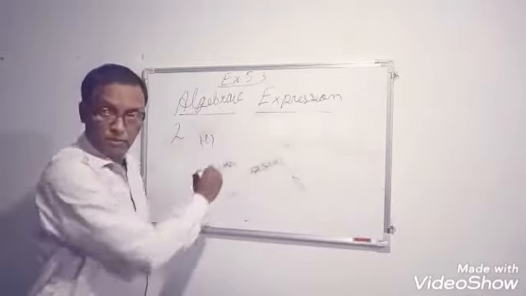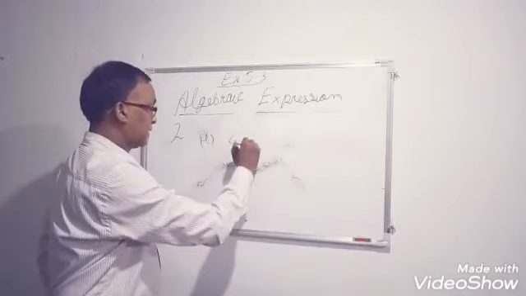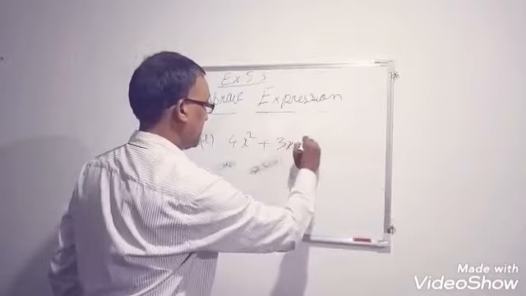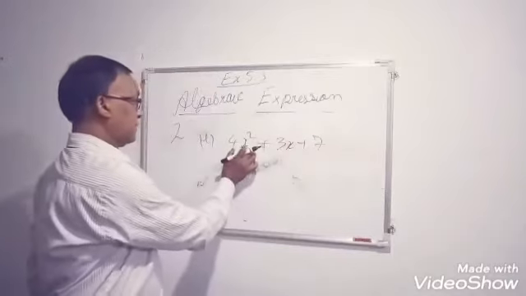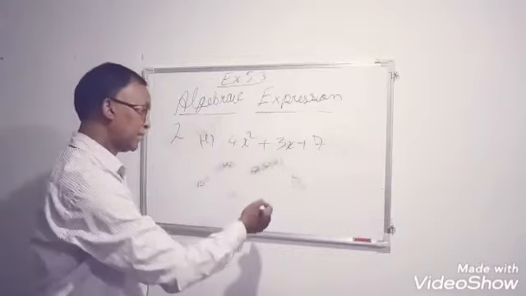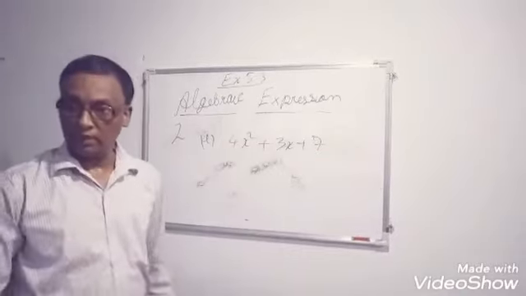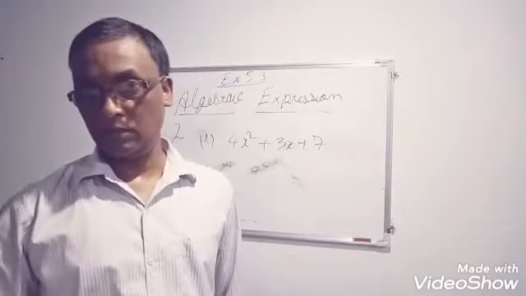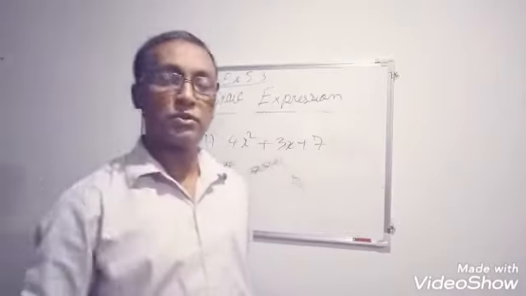So question number 2a, 4x² plus 3x plus 7. So first term, second, third term, 3 terms are there.